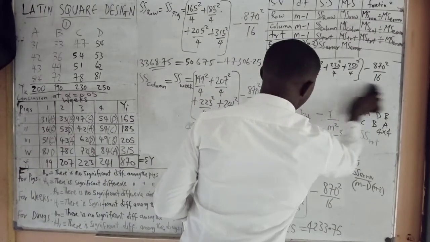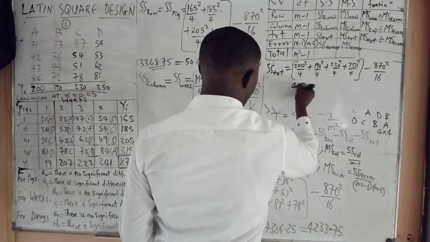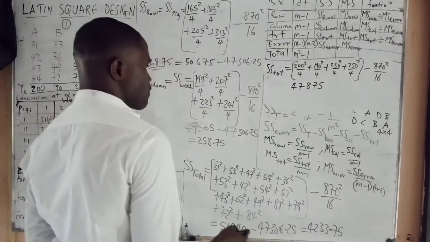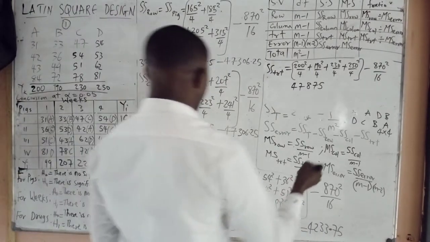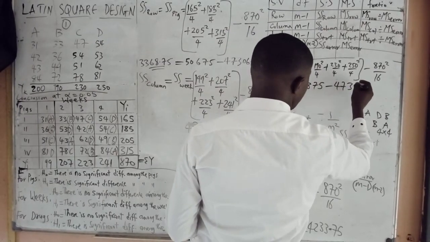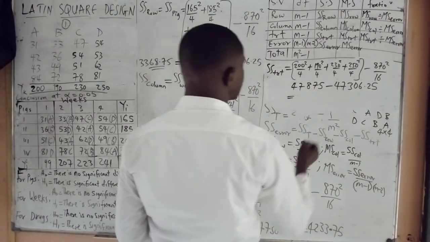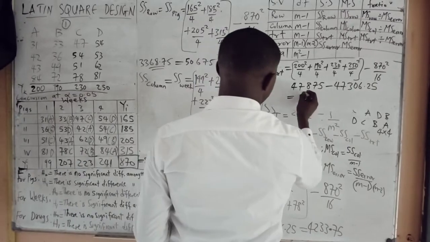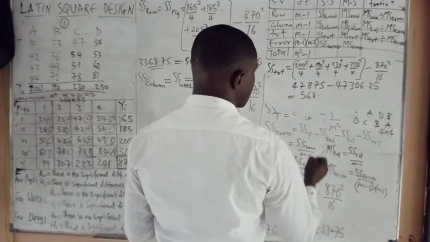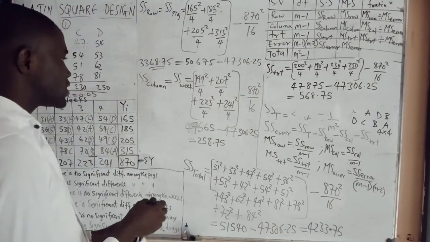If you compute it with your calculator, all this will be giving you 47,875. 47,875 minus 47,306.25. So once we subtract this, that will be giving us 568.75. So that is our SS treatment.